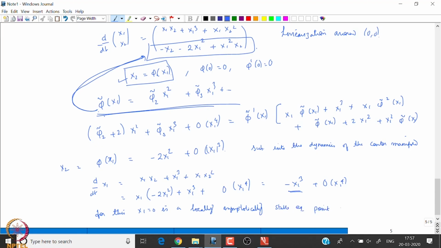And therefore, for the original system, 0, 0 is also a locally asymptotically stable equilibrium point.